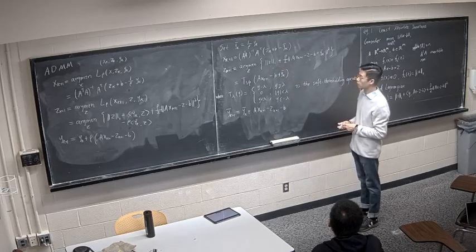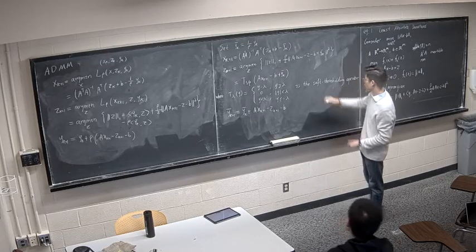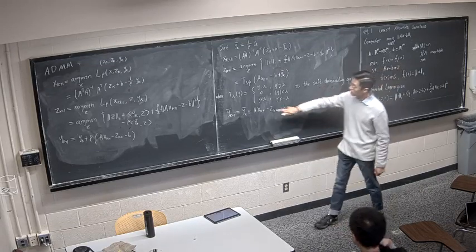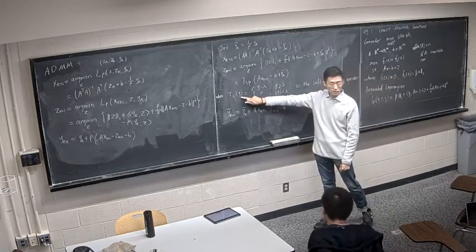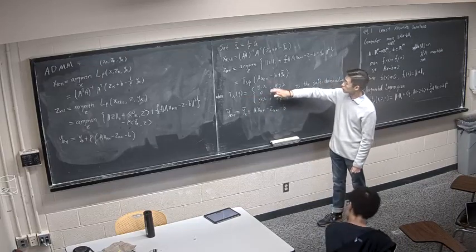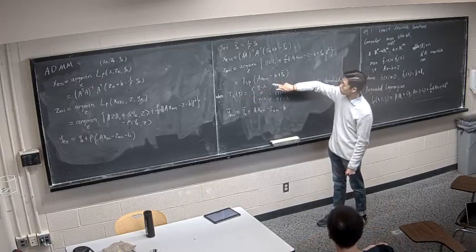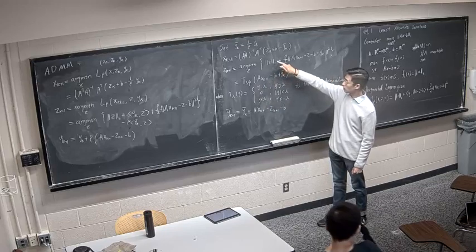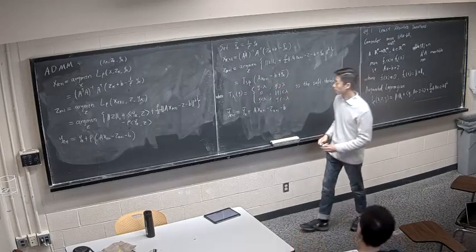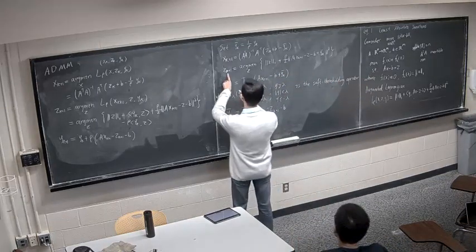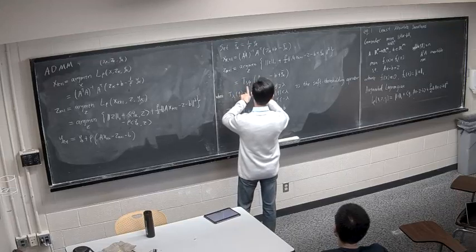Proximal mapping for the L1 norm is what we call soft-thresholding. So element-wise, it's defined as this. Here, this y is a scalar, but this is a vector, so you just apply this operator onto each of the elements.